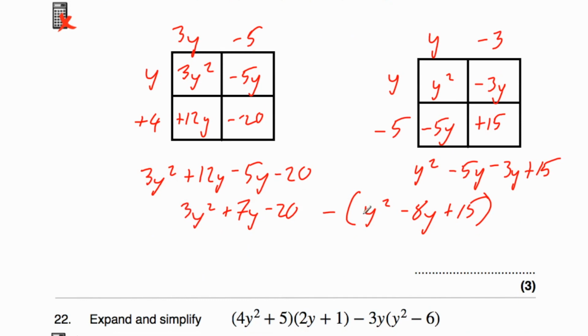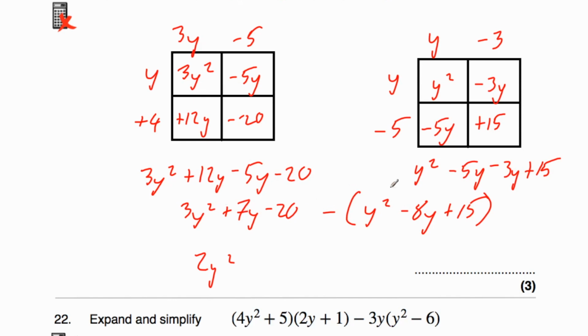So we've got 3y squared subtract y squared. So 3y squared subtract y squared would be 2y squared. That bit's quite straightforward. Now we've got 7y subtract minus 8y. We're subtracting a negative, we're minusing minus 8y. Now whenever you subtract a minus number, you actually go back up. So for instance, if you minus minus 1, that's the same as adding 1.